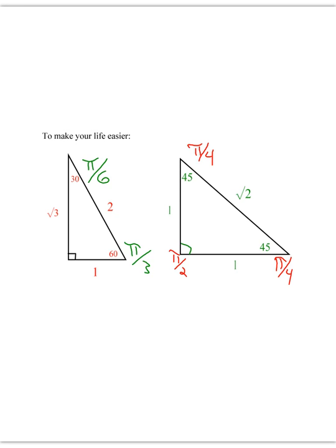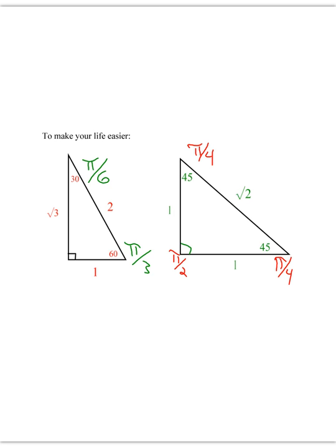In the 30, 60, 90 right triangle, we have 1 opposite the 30, root 3 opposite the 60, and 2 opposite the right angle. And in your 45, 45, 90 right triangle, the legs are 1 and the hypotenuse is root 2.